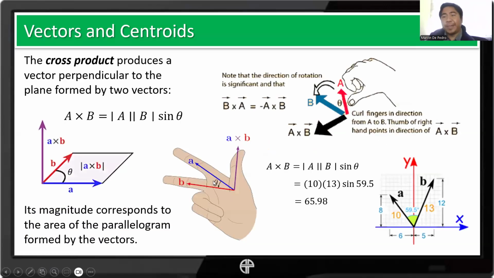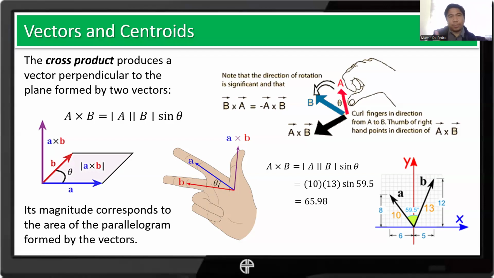Next, we have the cross product, which produces a vector perpendicular to the plane formed by two vectors. For example, using the right-hand rule, which is very helpful in other concepts of physics, especially in electromagnetism, we have A and B. The cross product of A and B is the product of their magnitudes multiplied by the sine of the angle between them.